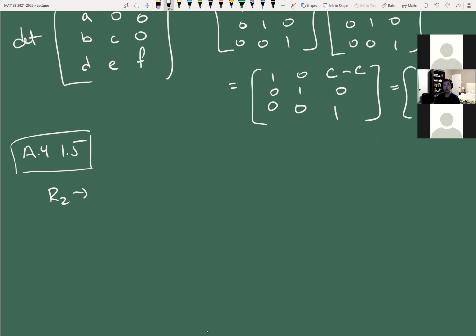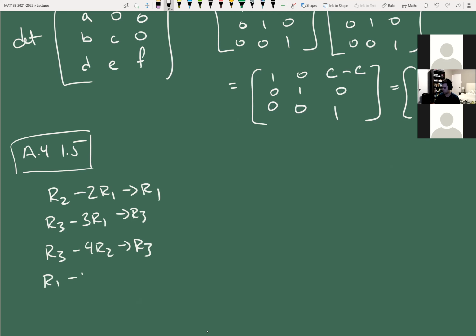We did row 2 minus 2 row 1, row 3 minus 3R1 into R3, and then R3 minus 4R2 into R3. These were the row reduction steps from the previous question.